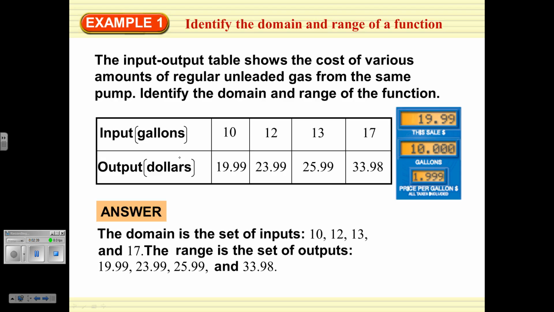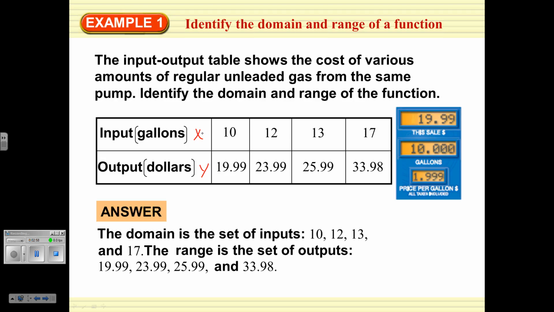Okay? Your cost of gas depends upon how many gallons you buy. So my dependent value is always going to be my y. Since my cost depends on how much I buy, it would be my y, and the gallons I buy determine how much my cost is, so it's my x.